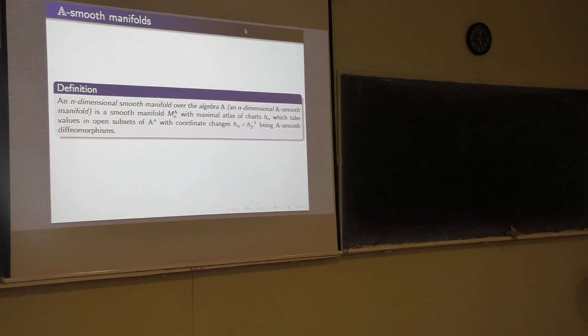We define an n-dimensional smooth manifold over an algebra as a manifold with a maximal atlas of charts which take values in the module AN, and the transition functions are A-smooth diffeomorphisms.